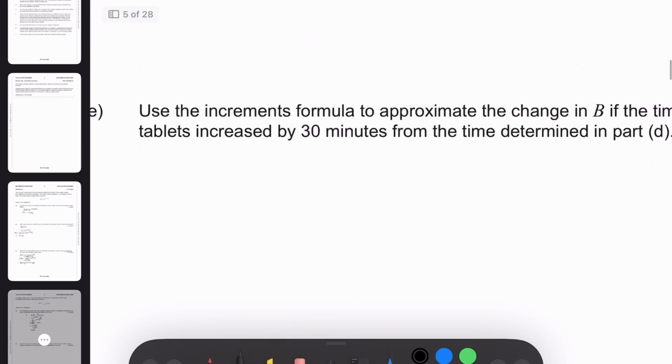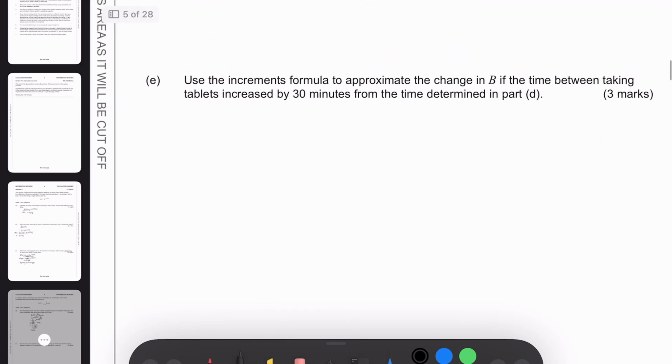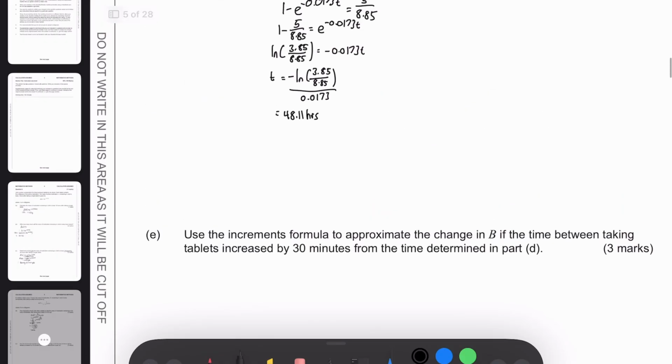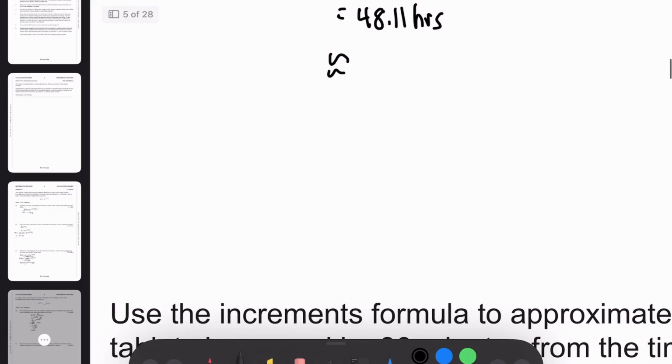Using the increments formula to approximate the change in B if the time taken between tablets increased by 30 minutes from the time determined in part D. Okay, so I think roughly, oh yeah, in the marking key they said roughly 48 hours.